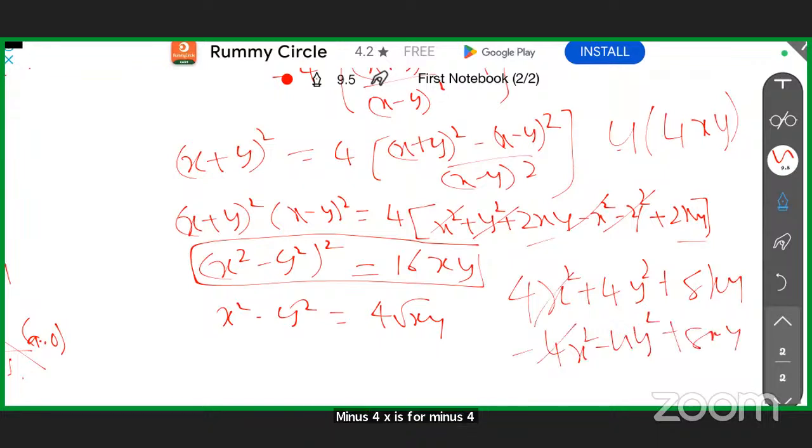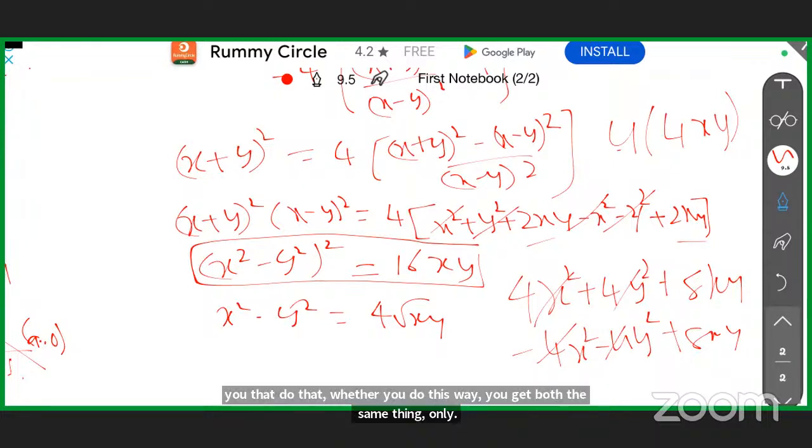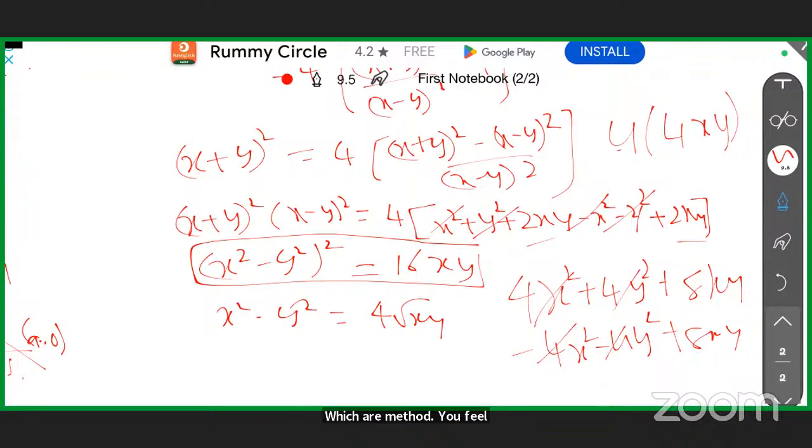So this one gets cancelled again to get 16xy. Whether you do it that way or this way, you'll get the same thing. Whichever method you feel comfortable, easy and not confusing, you use that one.